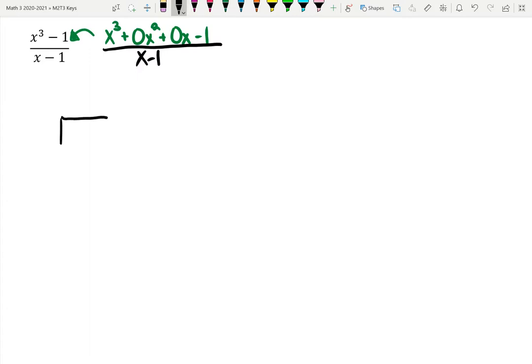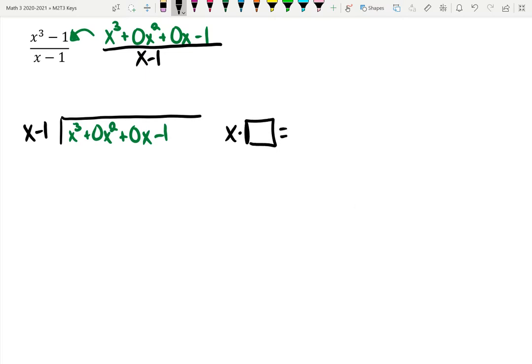So first in line, first in the box, x to the third plus 0x squared plus 0x minus 1. And I'm going to try to figure out how many x minus 1. So I look at my first term and I have to think about x times what is going to be the leading term.